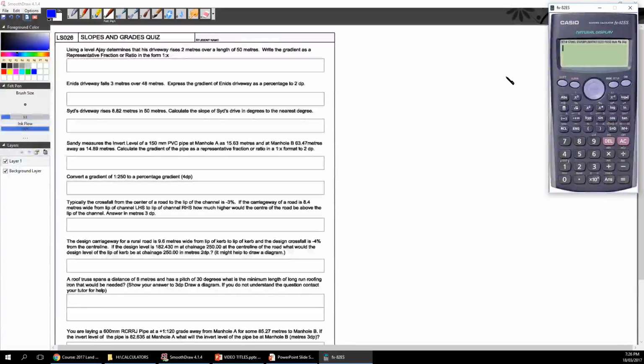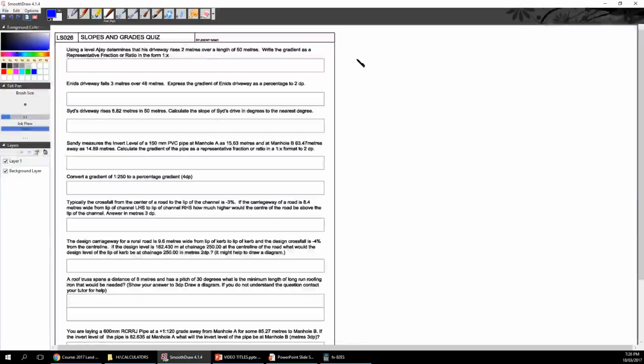So, using a level, RJ determines that his driveway rises 2 meters over a length of 50 meters. Write the gradient as a representative fraction or ratio in the form 1 to x. The first thing we do is draw a diagram, usually in the form of a right angle triangle.